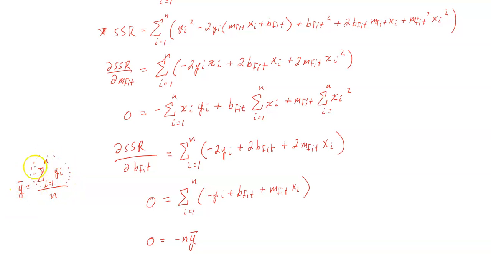So if I have this term and I multiply by n, I have a negative over here because I'm turning this negative. So now if I multiply by n, I get negative n times y bar is equal to the sum from i equals 1 to n of yi, which is exactly the term that I have here if I distribute this sum. So I can replace that term with this directly.